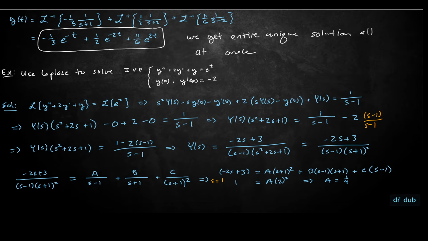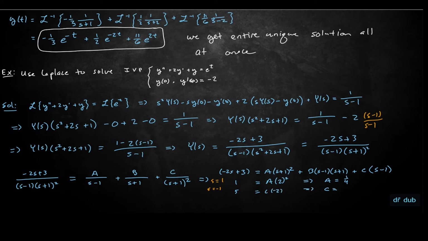And then plug in maybe s equals negative 1. What do we get? On the left we get 5. On the right we get 0 for a, 0 for b, negative 2 for c, so c times negative 2.